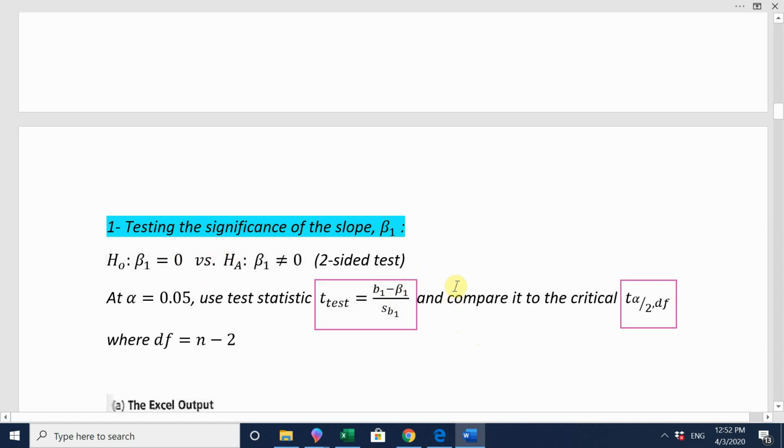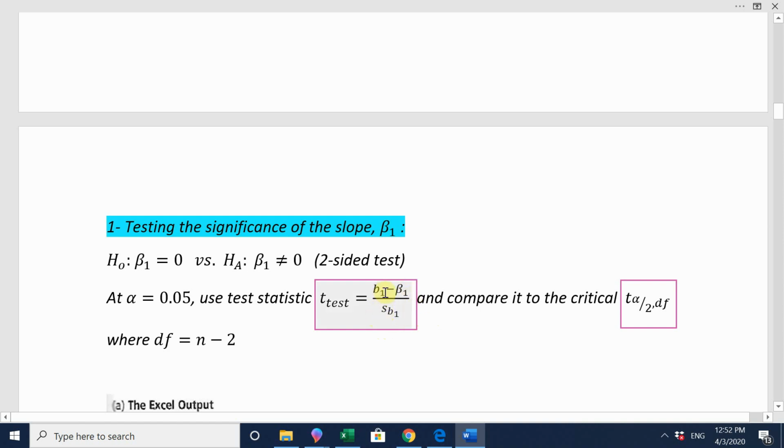And of course, this test statistic is always standardized so that it is divided by, in this case, the sample standard error for the estimated slope. So this is the formula that we use to obtain our test statistic.